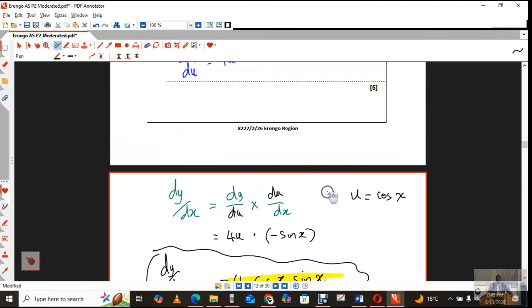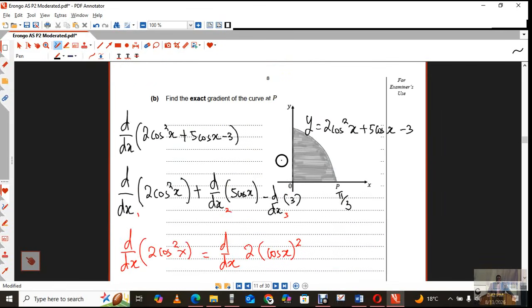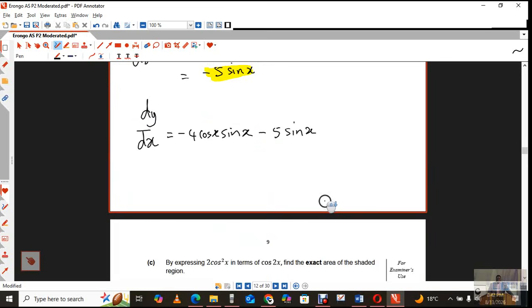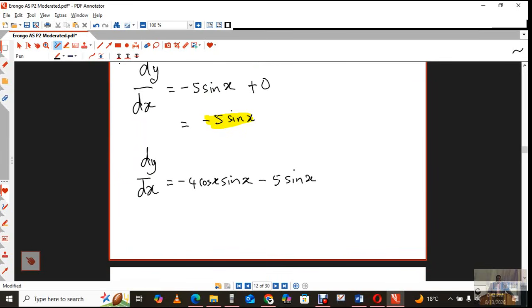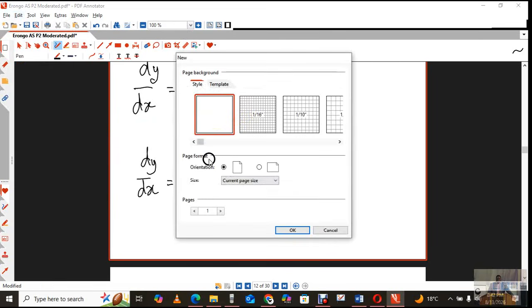Now the question was originally saying from the diagram, find the exact gradient at P, and at P you have the x value, which is pi over 3. So I'm going to substitute that into the derivative function and see what I get. Again, I'm going to include another page over here.